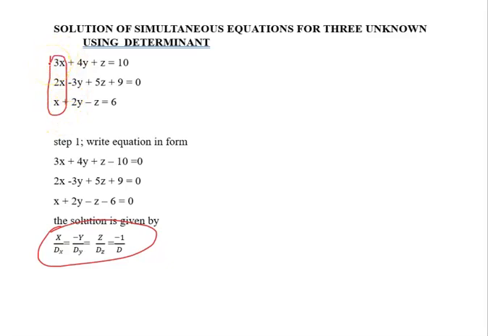Then Dy is given by the determinant of coefficients left when the y column is covered. Then Dz is given by the determinant of coefficients left when the z column is covered.